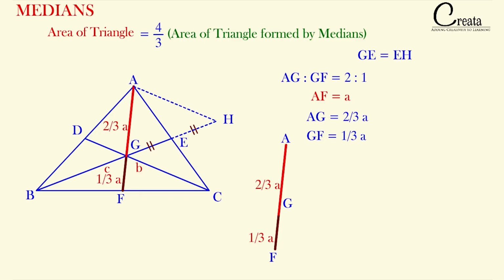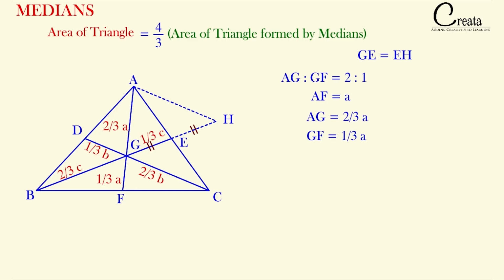The total will be 2 plus 1, that is 3, so the first part will be 2/3 and the second part will be 1/3. Okay, the fundamental of ratios we have applied. Similarly, we can say DG is equal to 1/3B and GC is equal to 2/3B. Similarly, this is 1/3C and this is 2/3C. Simply, we have applied the fundamental of ratio and proportion and the concept that the centroid divides the medians in the ratio 2:1.